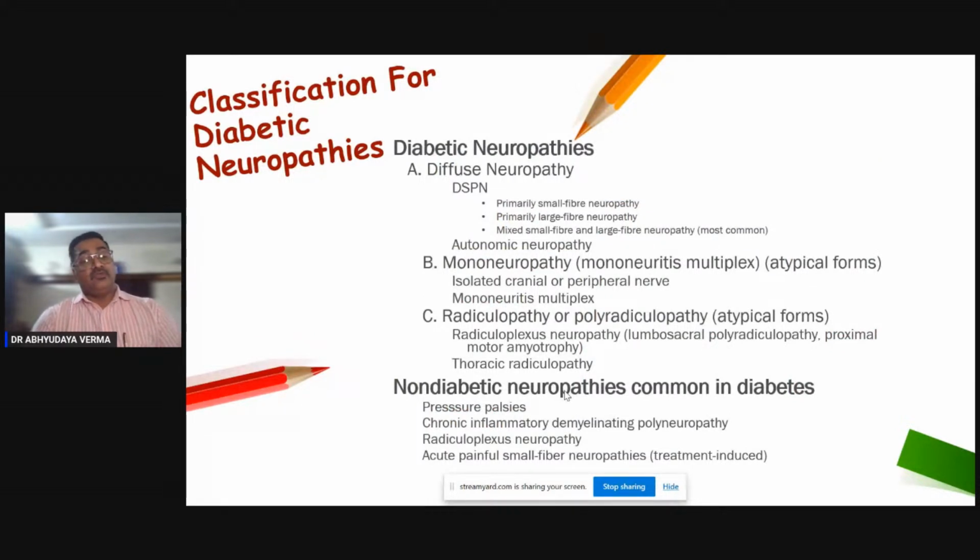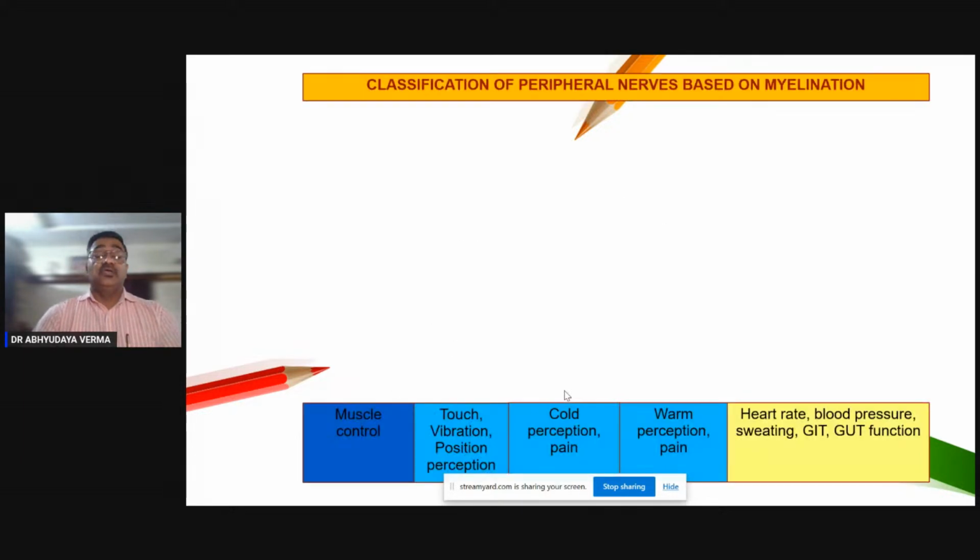And then we have some non-diabetic neuropathies which are common in diabetes, which we should keep in mind: the pressure palsies, CIDP or chronic inflammatory demyelinating polyneuropathy, radiculoplexus neuropathy, and acute painful small fiber neuropathies, which are sometimes treatment induced, which we'll see.